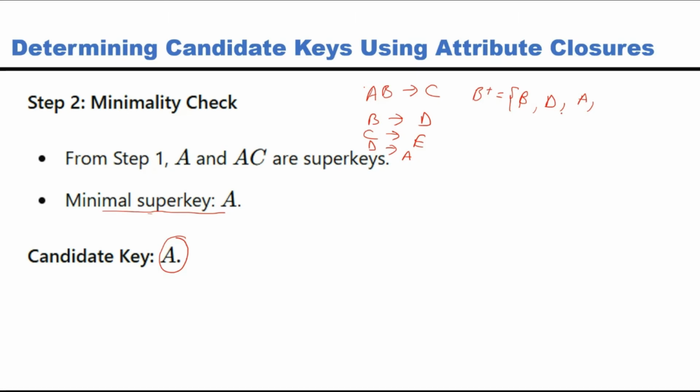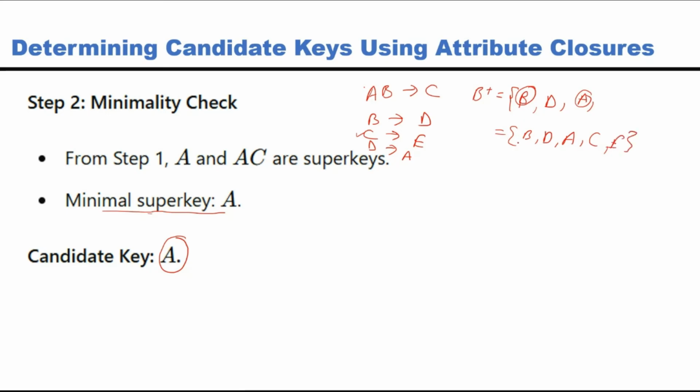Yes, I can use A and B combinedly. Why? Because AB is determining C. So in the next step, I can write B, D, A, and C also. Can I use any other functional dependency? Yes, I can now use this C functional dependency, which is giving us E.